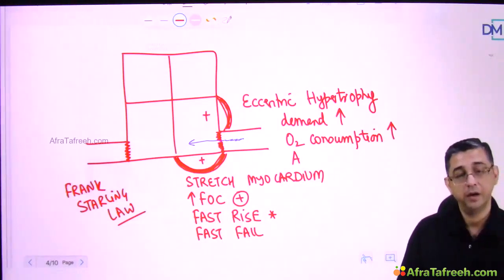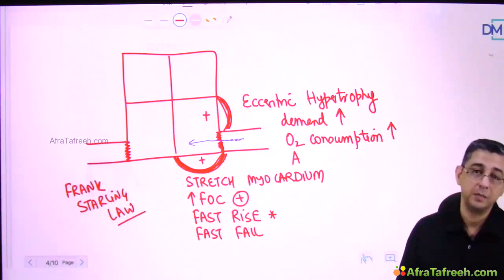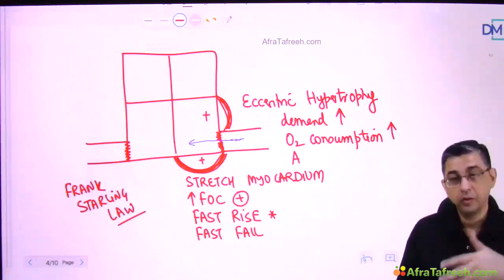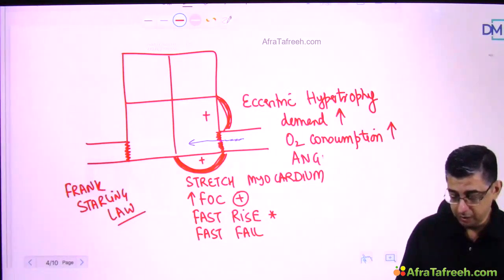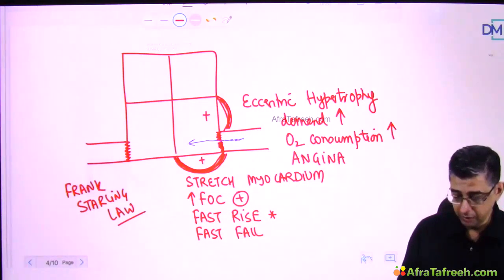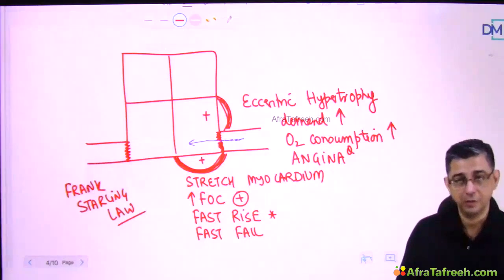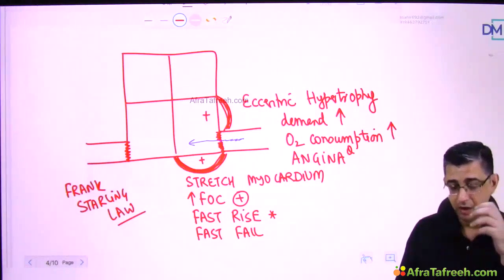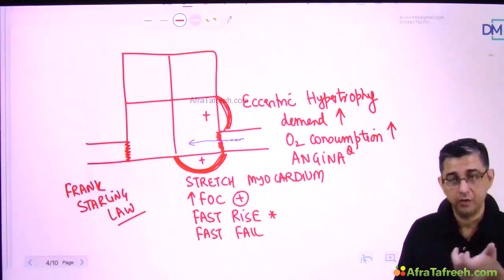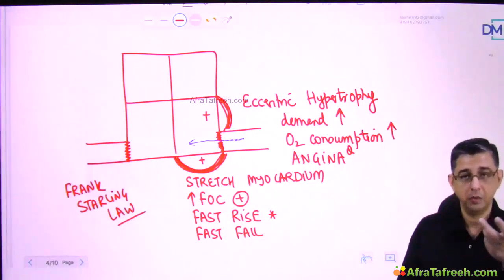I repeat, the demand of the heart is more, coronary artery supply is the same, just like you and me. That mismatch between demand and supply will explain the symptom of angina, which is usually asked about in this patient, because traditionally we read about angina in aortic regurgitation, but even in patients with valvular aortic regurgitation, angina as a symptom would be present.